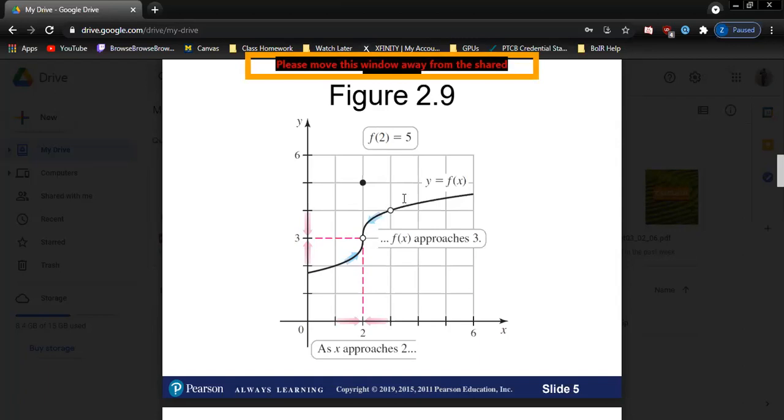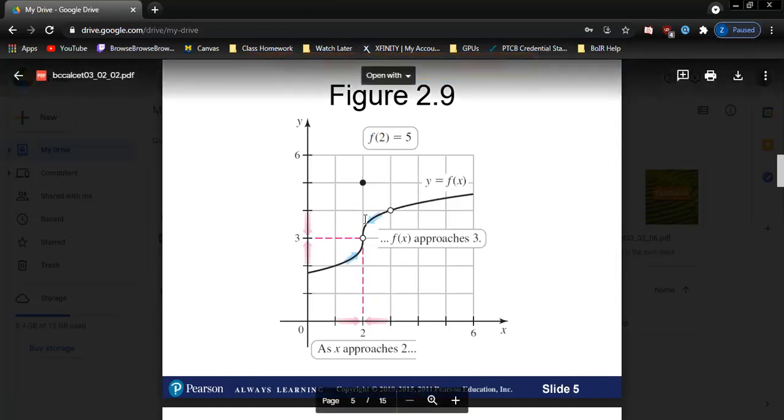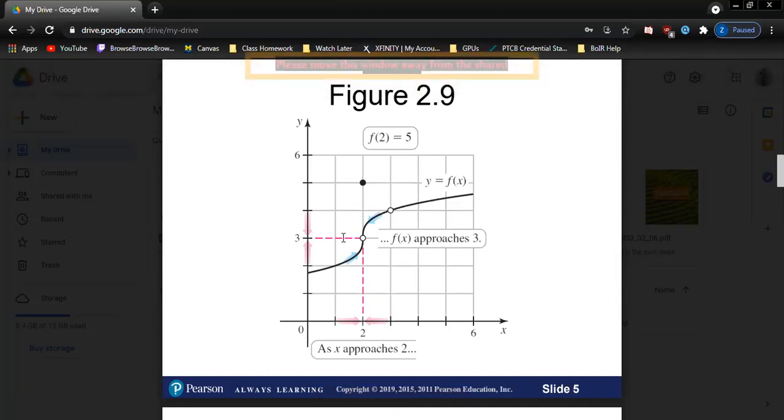The most interesting thing is, not always will you see the graph approaching the same point for a particular value of x. On this occasion, whichever direction you are approaching from, at 2, you'll see the graph is actually approaching the same point, which is 3. Can you see that? You can see the pinkish dash.